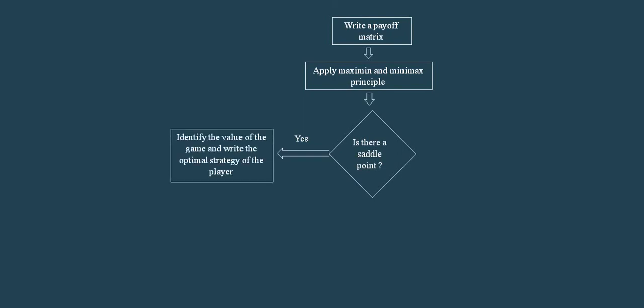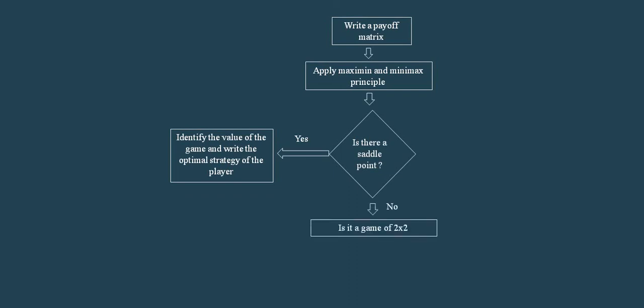The steps involved are: firstly, we have to write the payoff matrix. Secondly, we have to apply the maximin-minimax principle and determine whether there is a saddle point or not. If there is a saddle point, then we need to identify the value of the game and write the optimal strategies of the players.